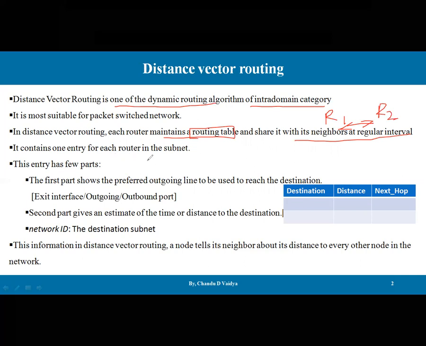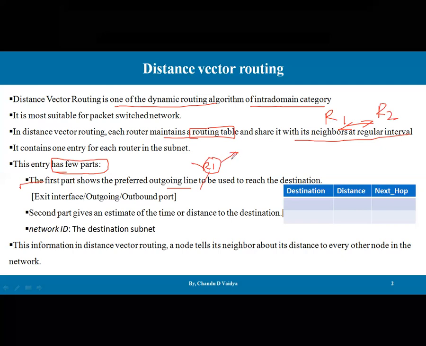There are a few parts in that particular routing table. The first part shows the preferred outgoing line. Let's say this router R1 has plenty of interfaces available, so which interface is the outgoing line?